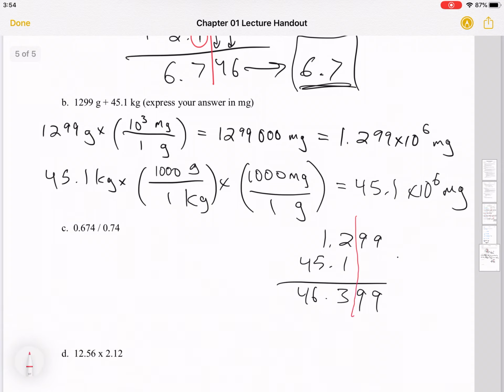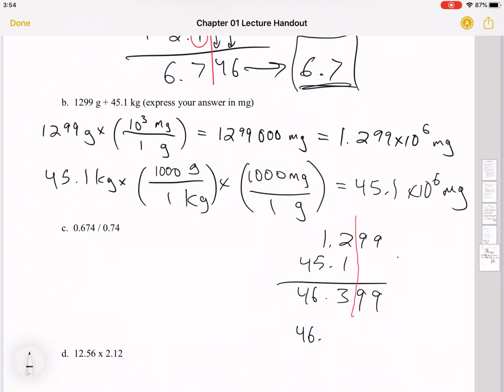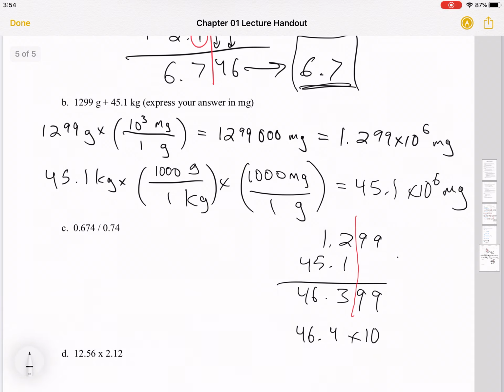So I'm going to round that up, 46.4. And I could leave it in scientific notation if I want. 46.4 times 10 to the 6 milligrams. Okay, fabulous. So that covers addition.